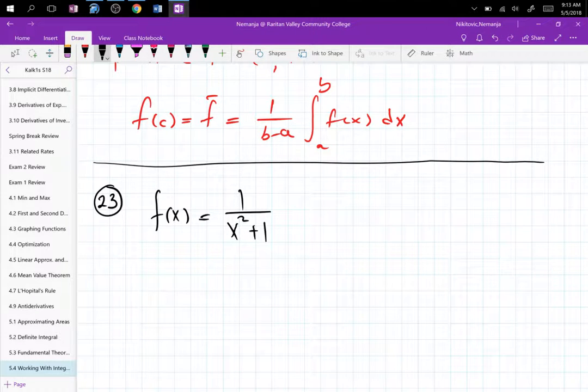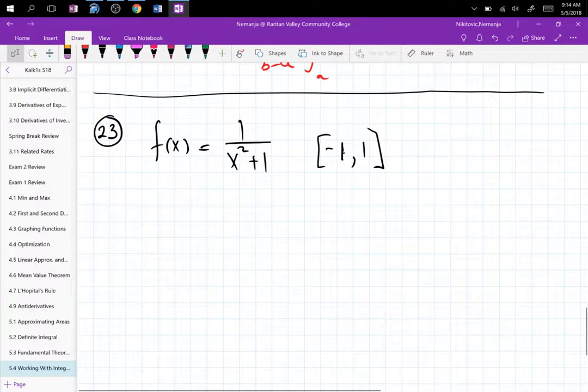And the reason why I really wanted this one is, what's the integral of this? Arctangent, very good.